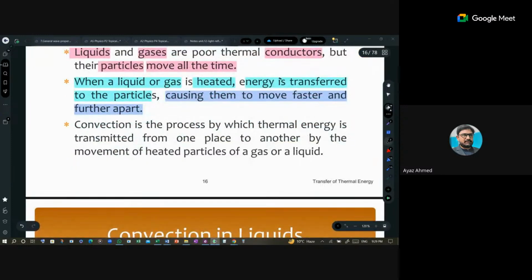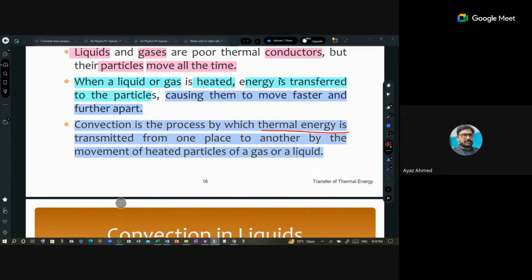So convection is the process, this is the definition, you have to recall that convection is the process of the thermal energy transfer from one place to another by movement of heated particles of the gas and liquids. Right? So what you have to remember for the definition: the process in which thermal energy is being transferred from one place to another by movement of heated particles.